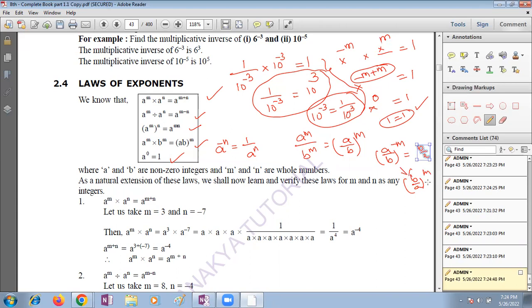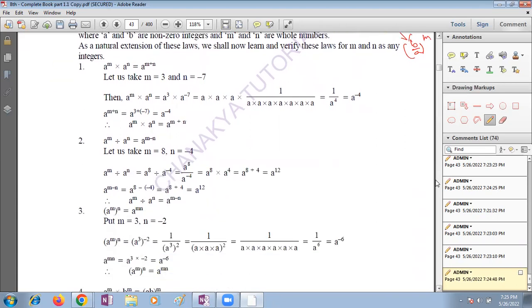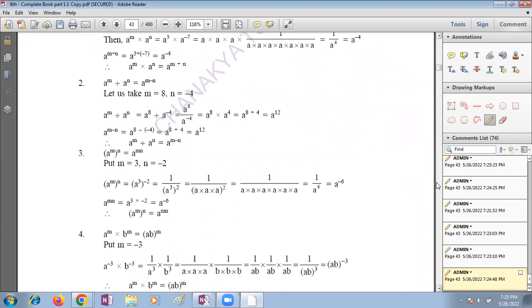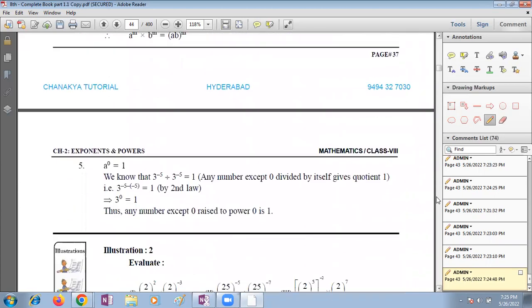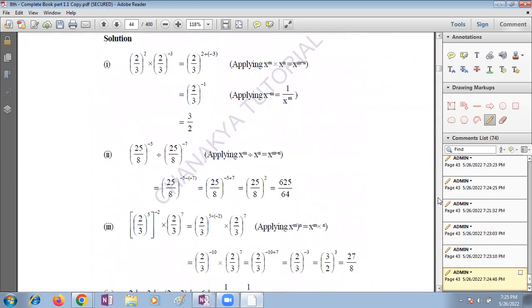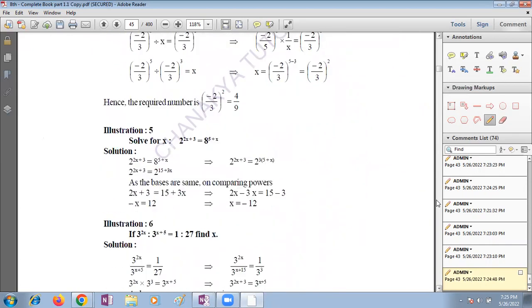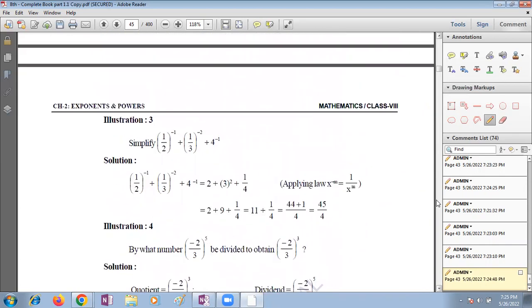There are a few more examples we can substitute and simplify. We'll go with practice questions, children. If you are doing practice sums, we apply different laws of exponents.